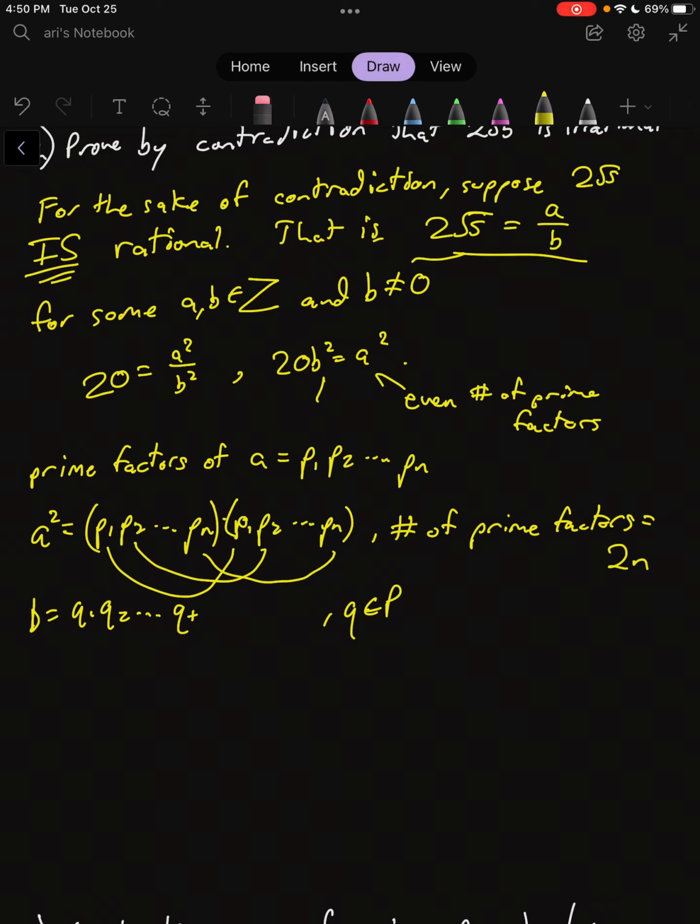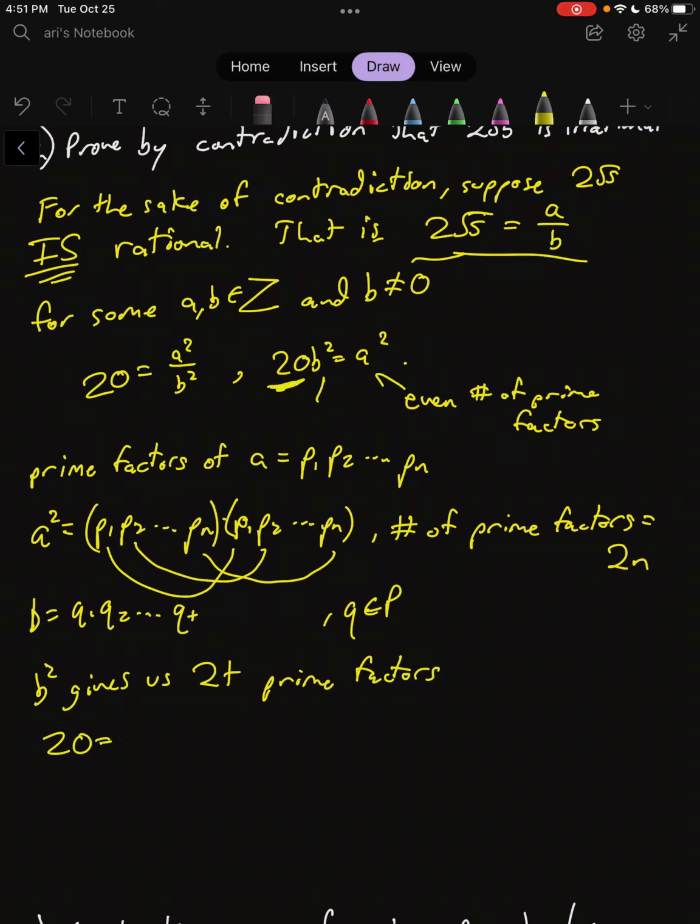I should have specified that with the p's, that each p is a prime. And so here, b squared gives us 2t prime factors.